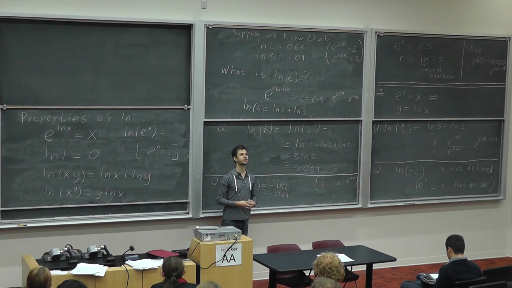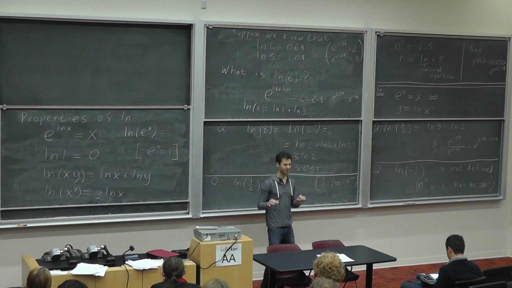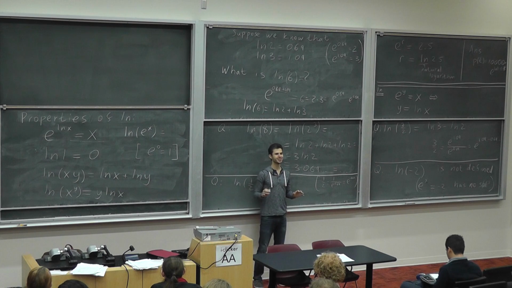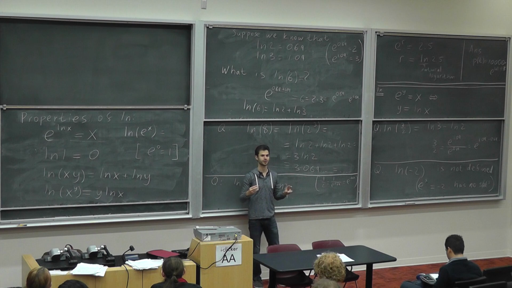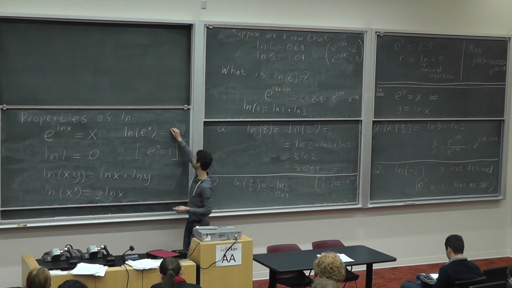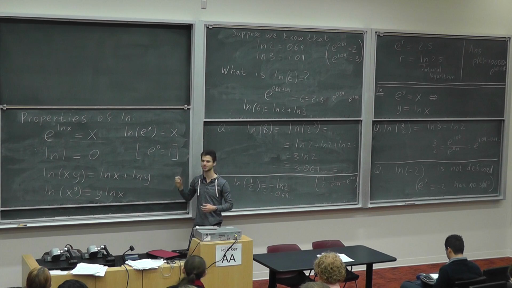What is this number? Is it e to the x again? Okay, almost, also close but not quite. So once again, it's some number such that once you raise e to this power, you get e to the power x. What is the number? X, yes. If you raise e to the power x, you get e to the power x.